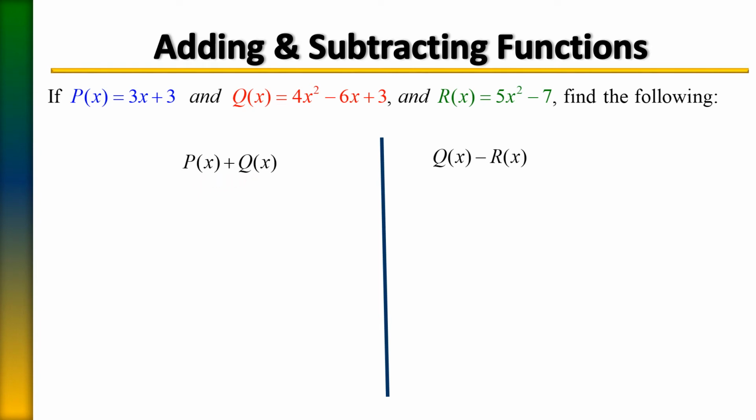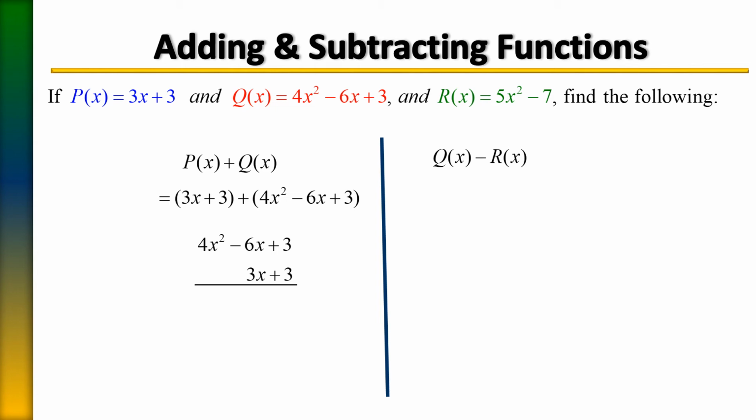So all that means is to take p of x and take q of x and add those two polynomials together. And recall, when you're going to add them together, you need to make sure that you line them up with like terms. Notice here, 4x squared doesn't have anyone to combine with, so we're going to bring it down.